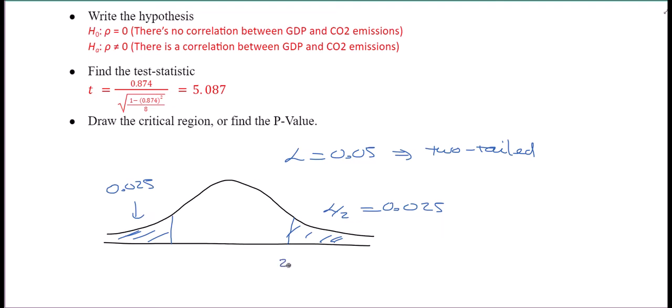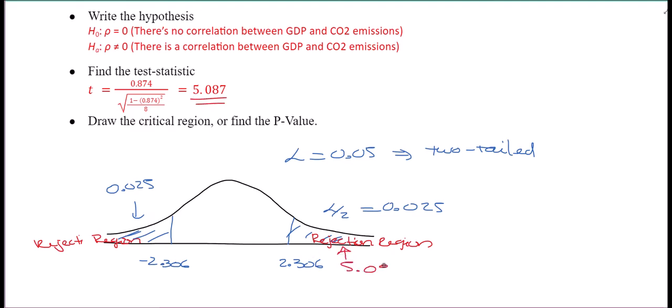And this is 2.306, and then minus 2.306. So that is our critical region, which I like to call the rejection region. When you have a two-tail test, you have two rejection regions. And notice that the 5.087 will fall in the rejection region.